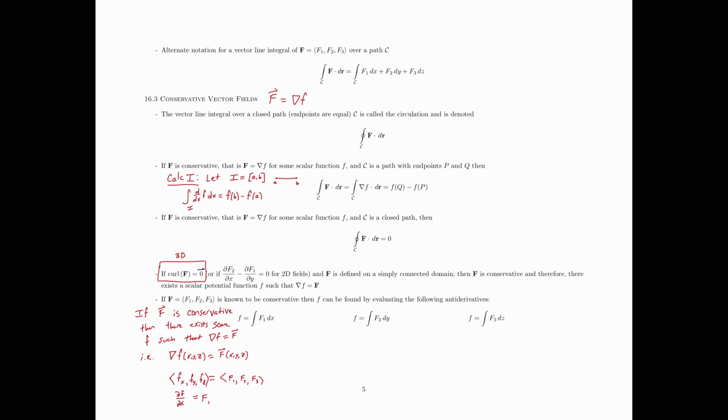So we could integrate both sides with respect to x. Well, fundamental theorem of calculus here, this should just give us back f. So this should produce f equals the integral of the x component f1 dx. And that's exactly what we have here.